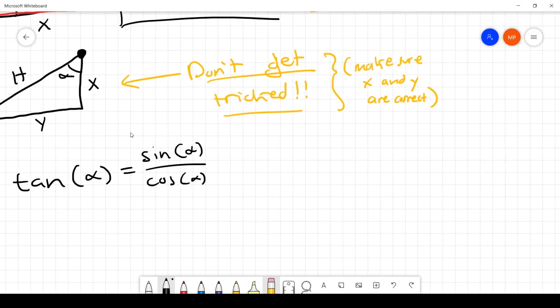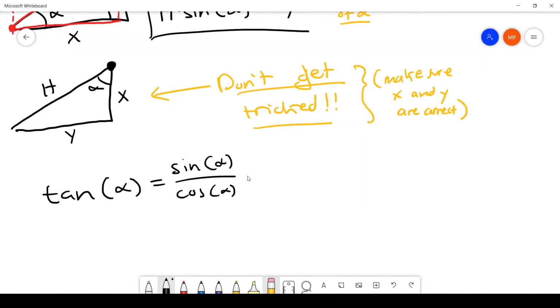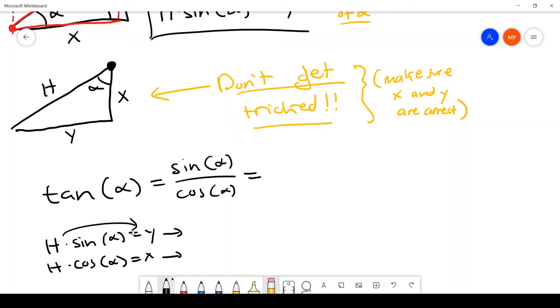So h times sine of alpha is our y, h times cosine of alpha is our x, in which we can move the h to the other side and say that sine of alpha is equal to y over h, cosine of alpha is equal to x over h, and then we can substitute these values in.